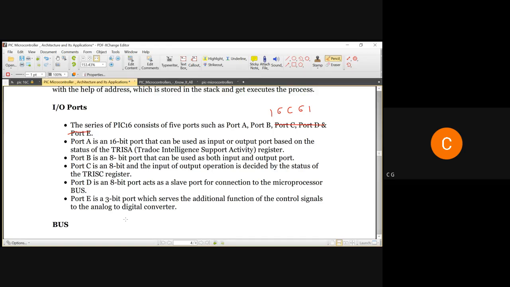The A to D converter is a separate module, connected with the help of port A, port D, because these two ports are available, and the bits of these individual ports are accessible. So it is a bit accessible action by means of which now you can receive or send the data from the A to D converter.